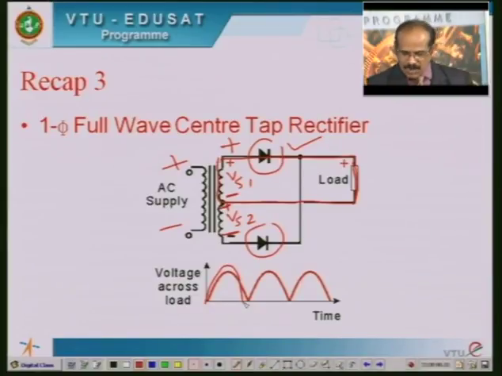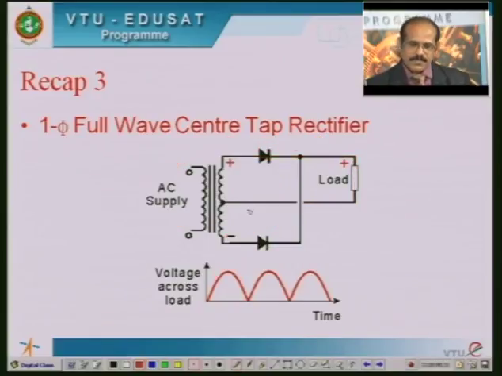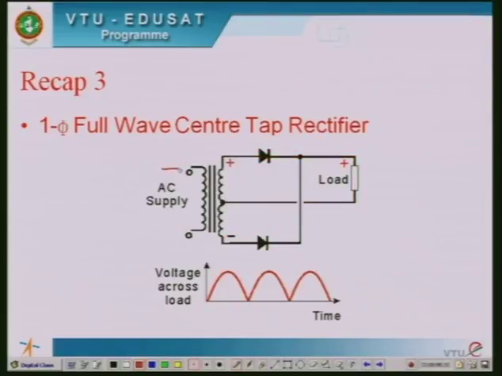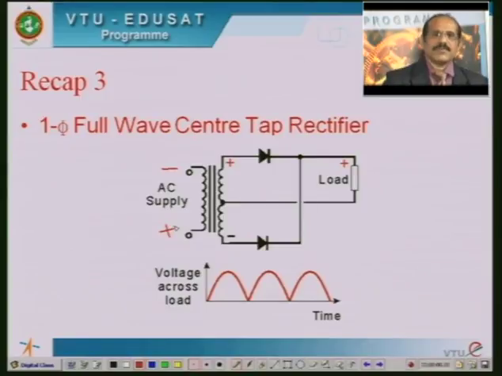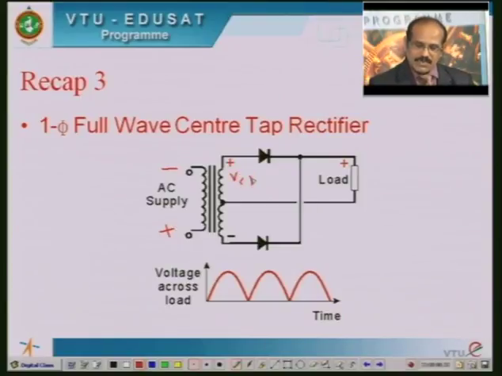Similarly, during the negative half cycle, the primary voltage will have the potential as shown in the figure. Correspondingly, once again two secondary voltages are induced, Vs1 and Vs2.